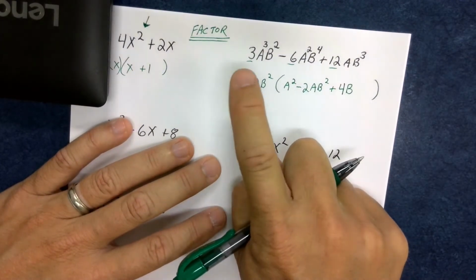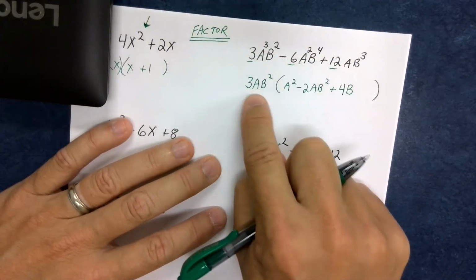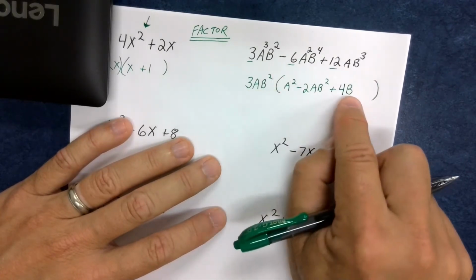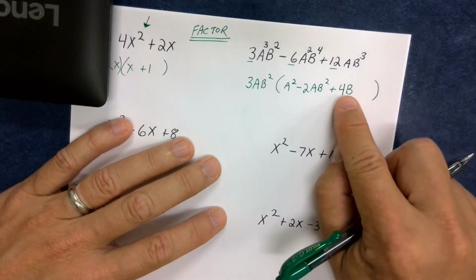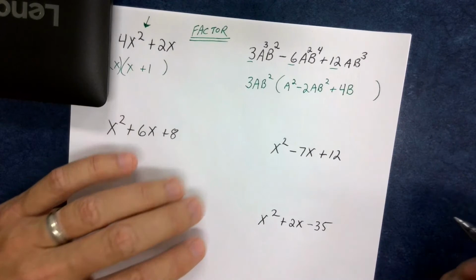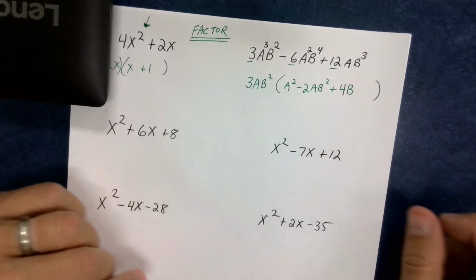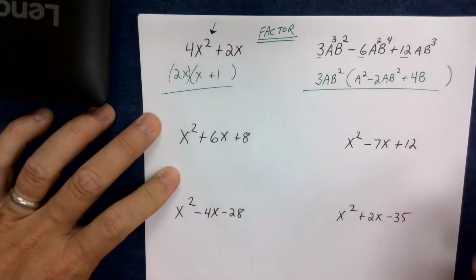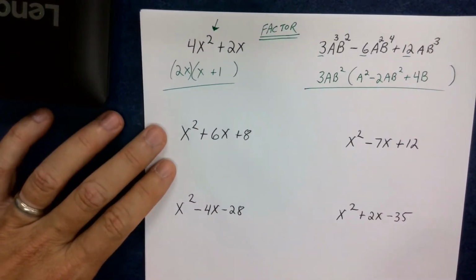Because if I multiply these back together, 3 times 4 is 12, that's good. A times nothing is still A, and B squared times B is B cubed. When I said nothing, I really meant there's an implied little 1 in there for the A, but there's not another A because A times A would be A squared, okay? So what I've done is now I've factored these 2 things into 2 other things that are multiplied together.